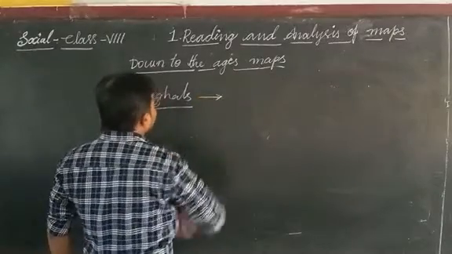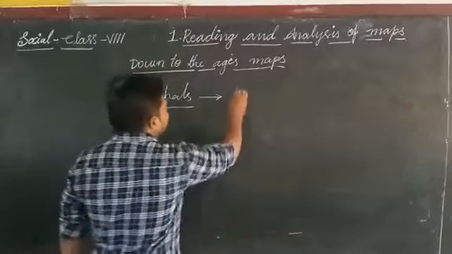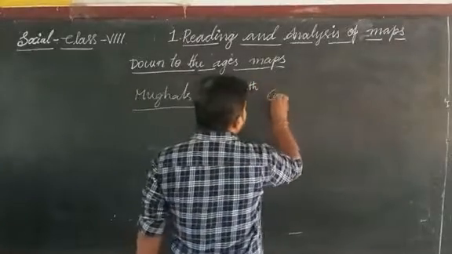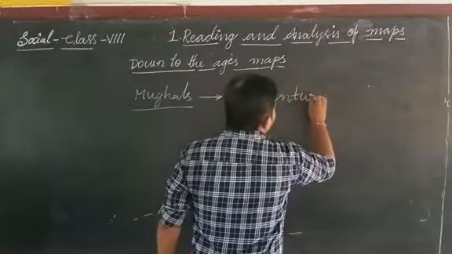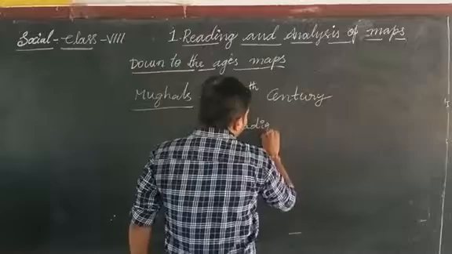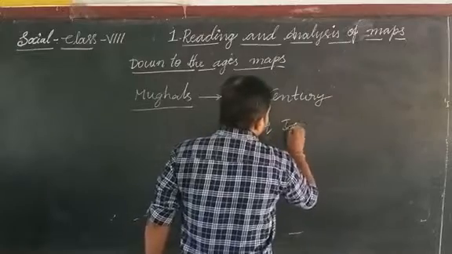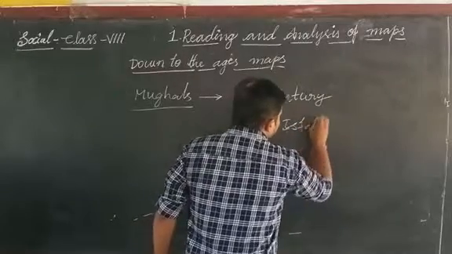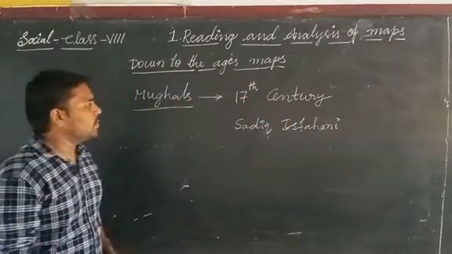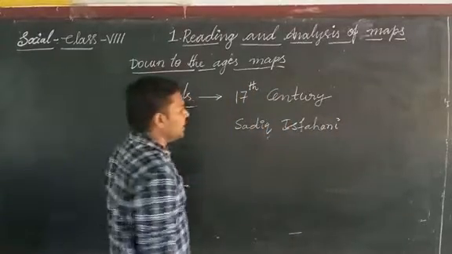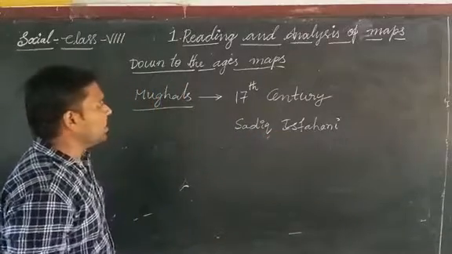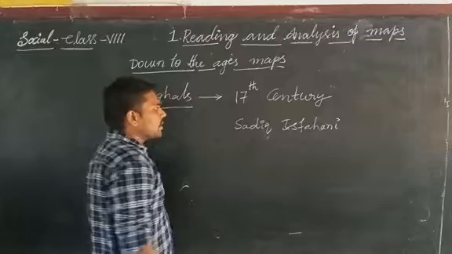At the time of the Mughal period, in the 17th century, Sadiq Isfahani drew the map of the world, the map of Asia, with the help of longitudes and latitudes.